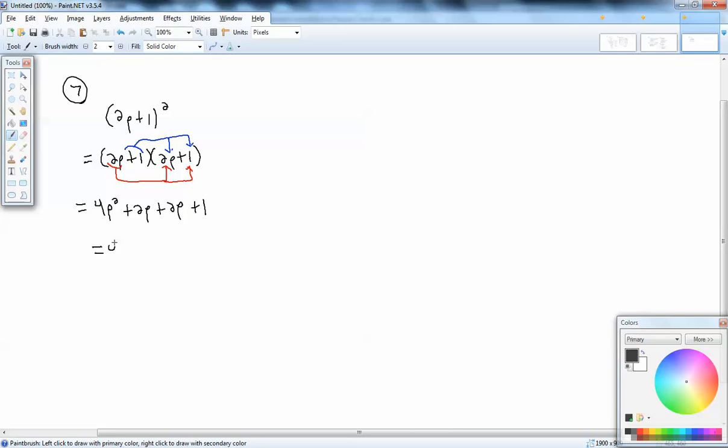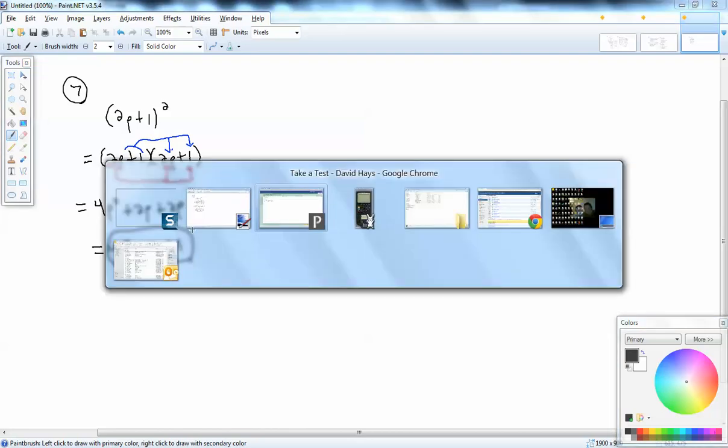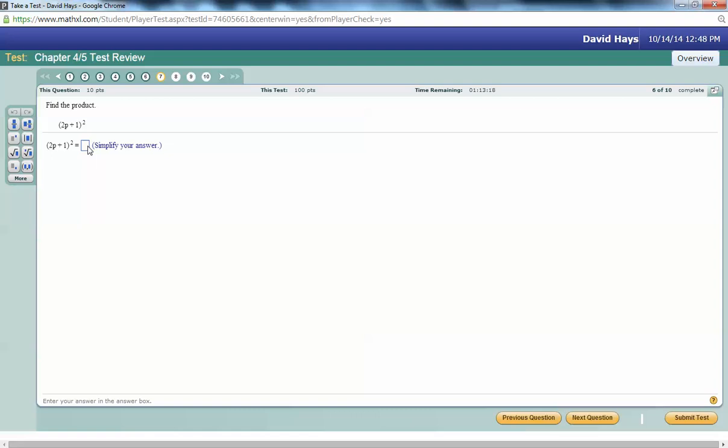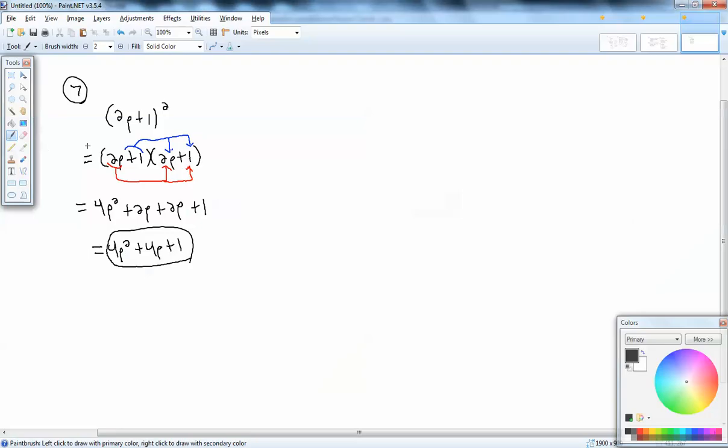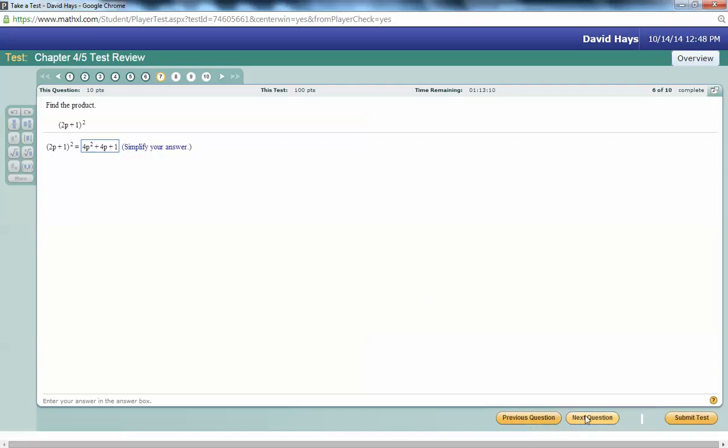And always combine together like terms. 2p plus 2p gives us 4p plus 1. And that's our answer. So 4p squared plus 4p plus 1. And next question.